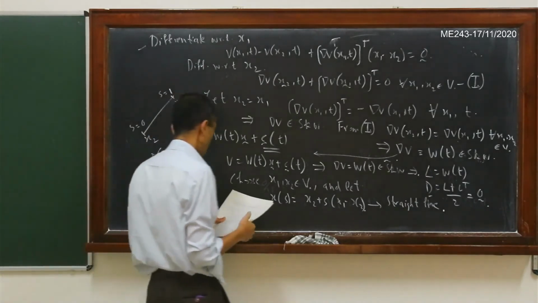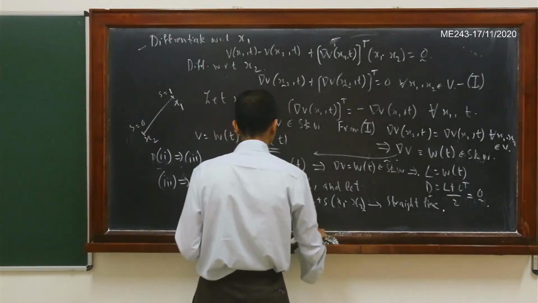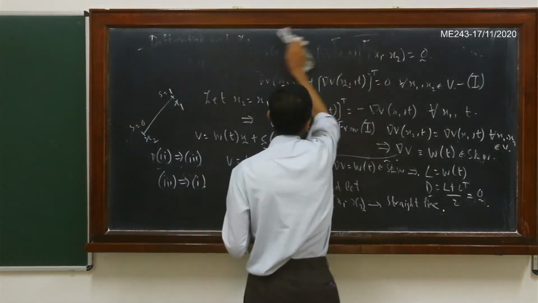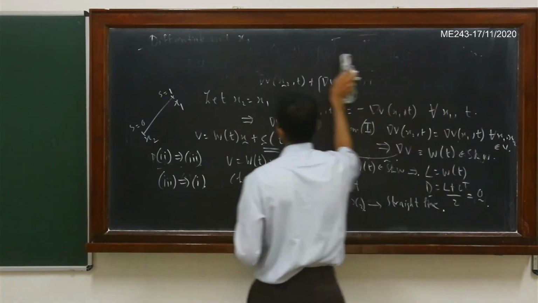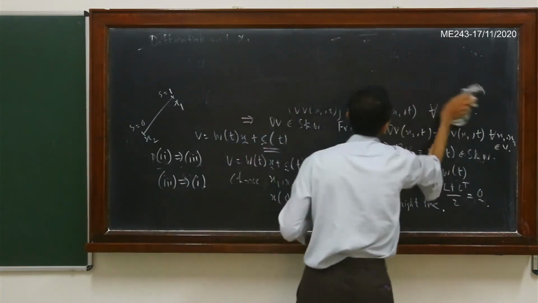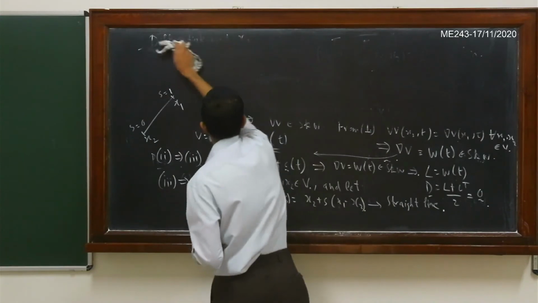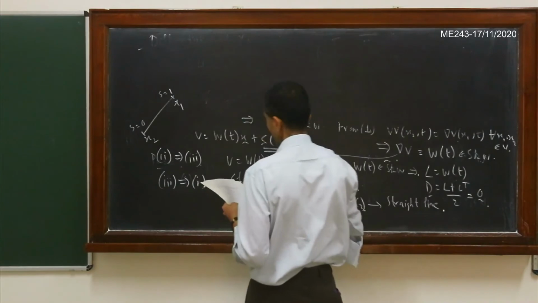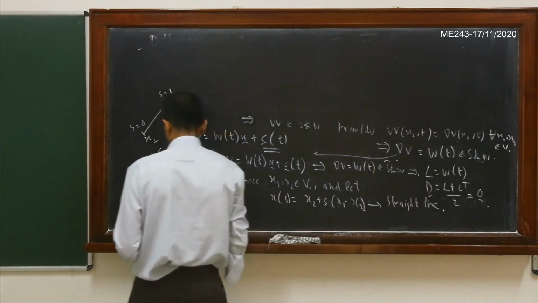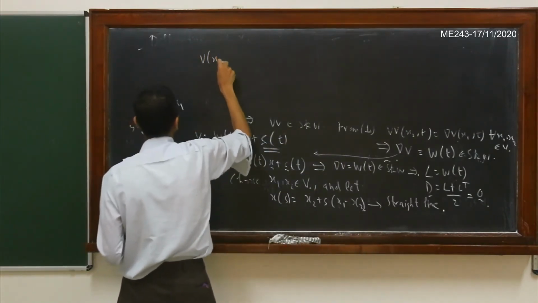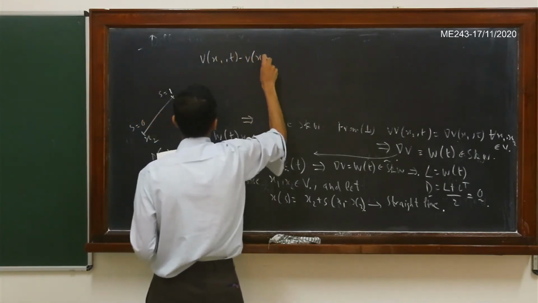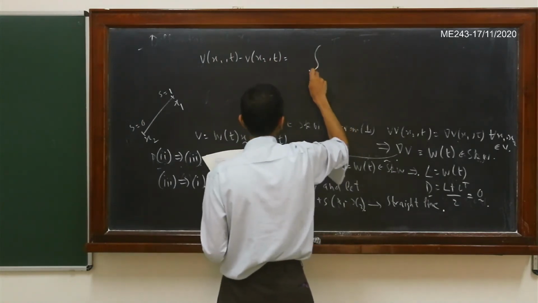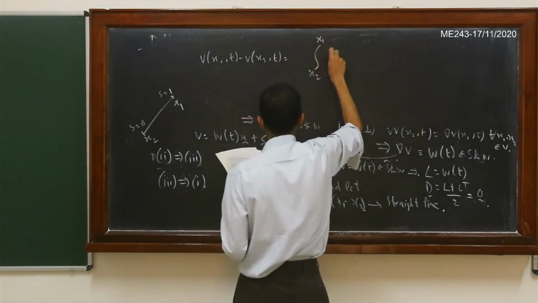Now if I write the velocity in terms of this parametric representation, then let us see what we get. v at x1 comma t minus v at x2 comma t is equal to the integral from x2 to x1 of dv.